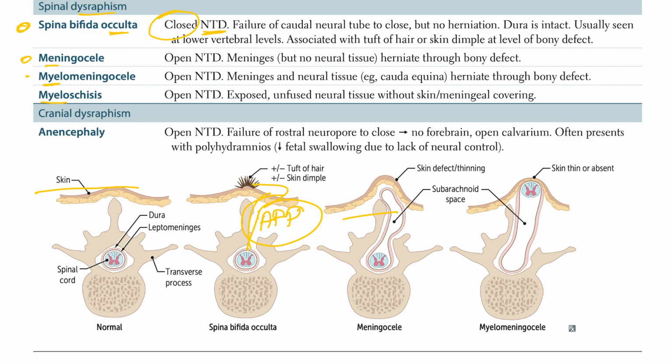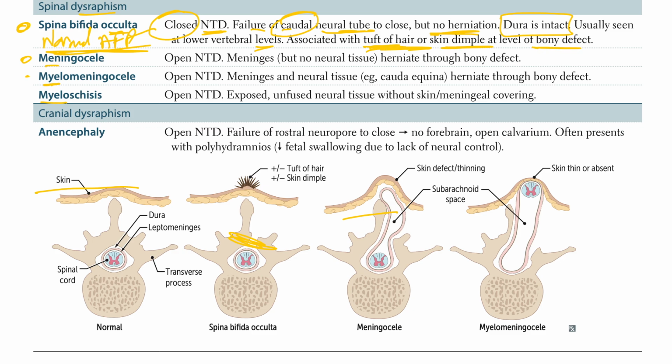But since it's a closed neural tube defect, nothing came out, so in this case you will have a normal AFP. You have a failure of the caudal neural tube to close, but no herniation. High yield: the dura is intact. It is usually seen at the lower vertebral levels, associated with tufts of hair or a dimple at the bony defect.